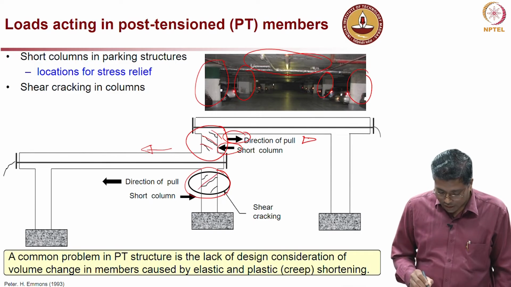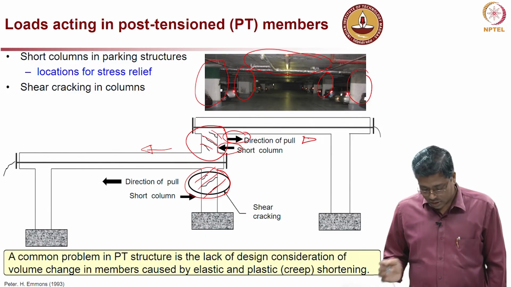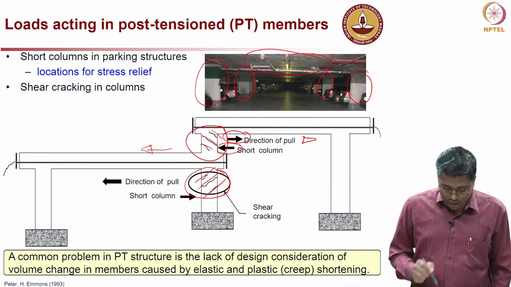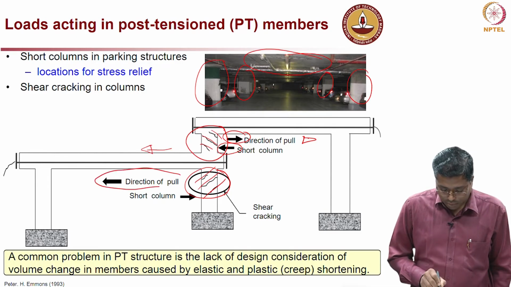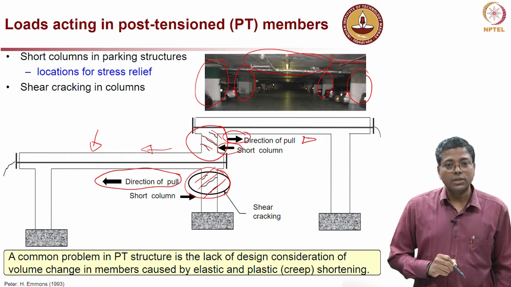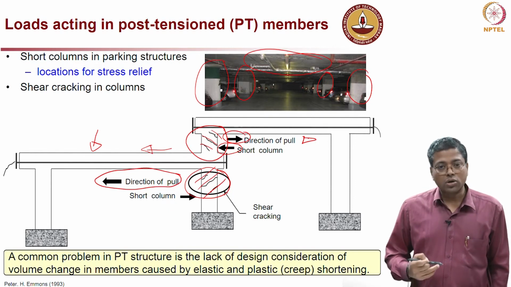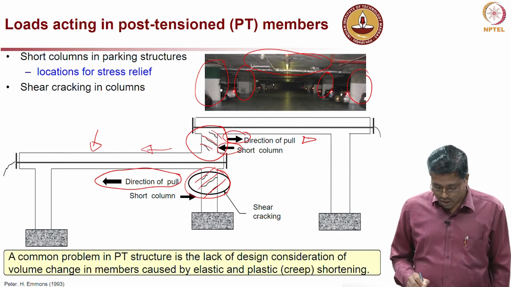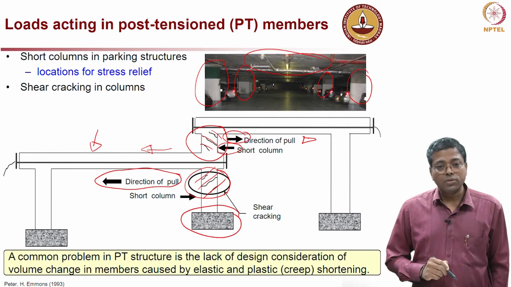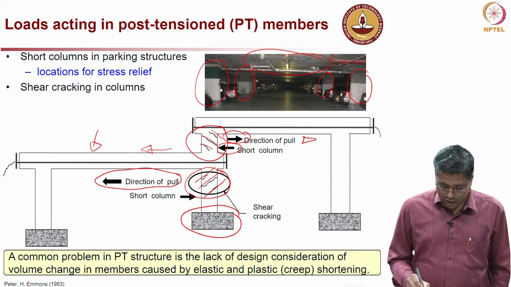Again, the crack direction is opposite, it is going at 45 degrees in the opposite direction, and the reason is there is a leftward pull by this slab or that post tensioning element, and the short column is trying to resist because it is sitting on ground. Okay. So, it tries to resist, and then it leads to the inclined cracks like that.